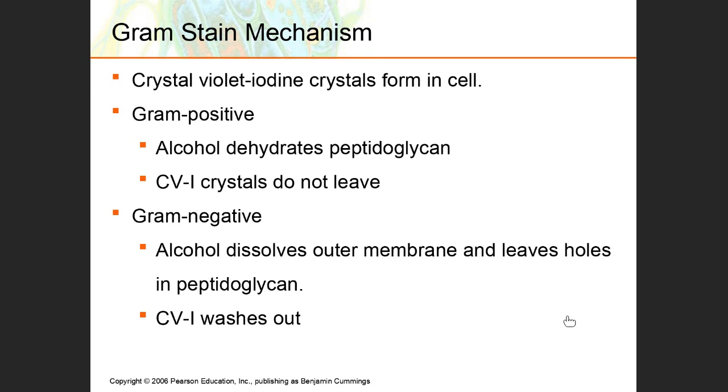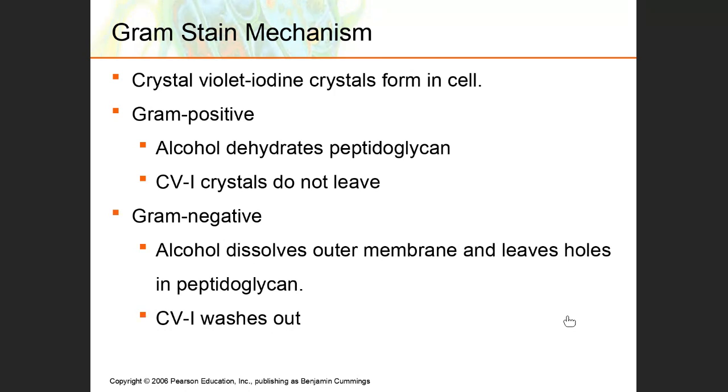Since gram-negative bacteria have very little peptidoglycan, there's nothing for the crystal violet iodine complex to stick to. So when you use the 95% ethyl alcohol, it dissolves away the outer lipid membrane and it washes away all the crystal violet. So that's why the gram reaction works the way it does.